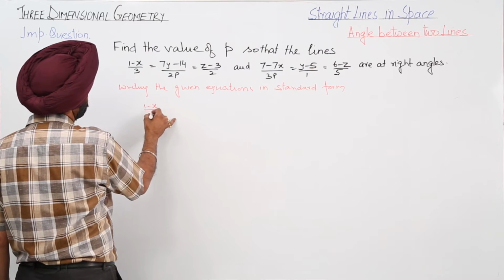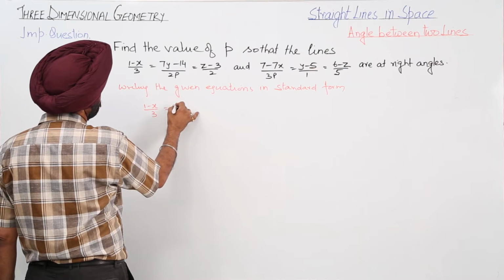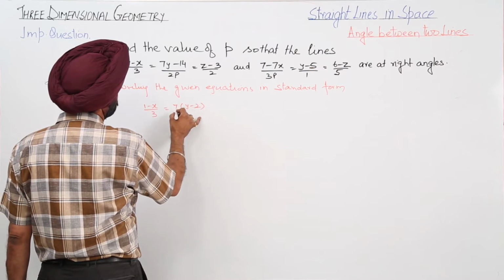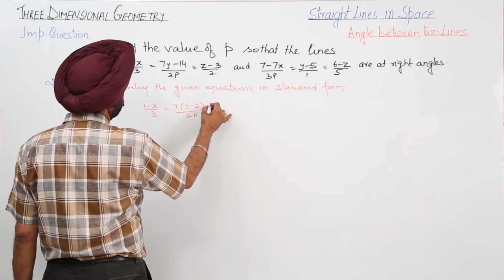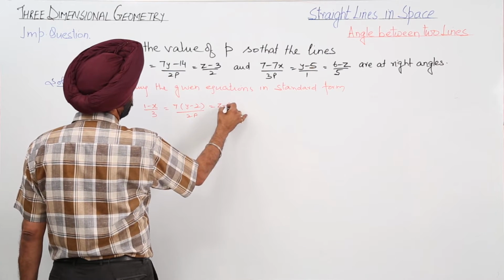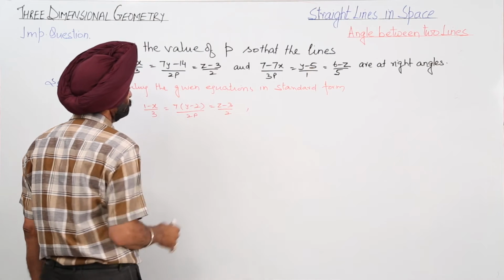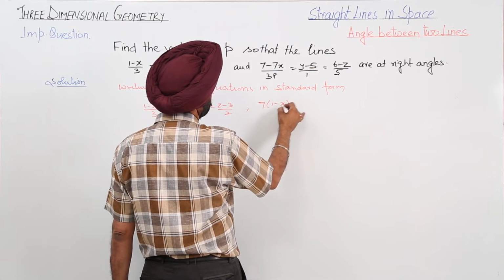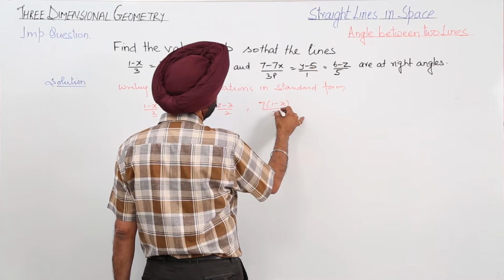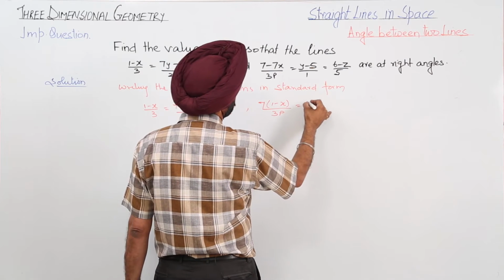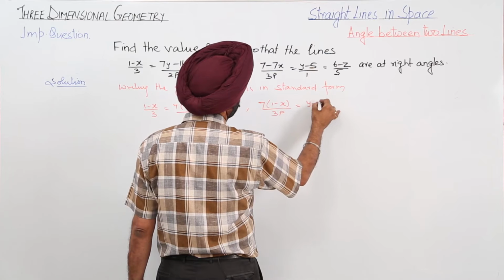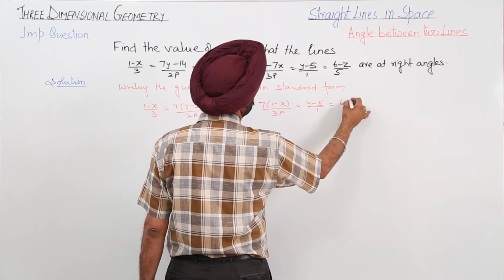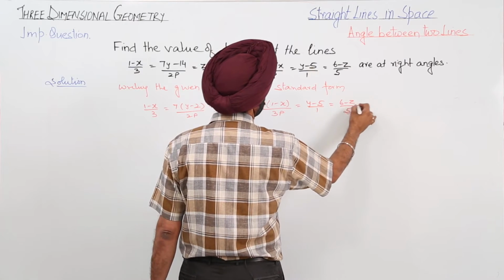(1 minus x)/3 = (7y minus 14)/(2p) = (z minus 3)/2, and (1 minus x)/(3p) = (y minus 5)/1 = (6 minus z)/5.